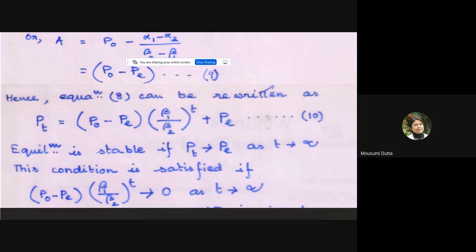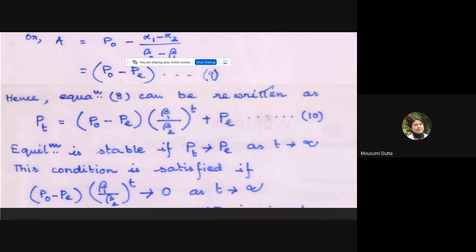Hence, equation 8 can be rewritten as Pt is equal to P naught minus PE into beta 1 by beta 2 to the power t plus PE. Equation 10, and stop there. Don't write the next part. Stop with equation number 10. Just after writing equation number 10, please write down, this is the required time path of price.